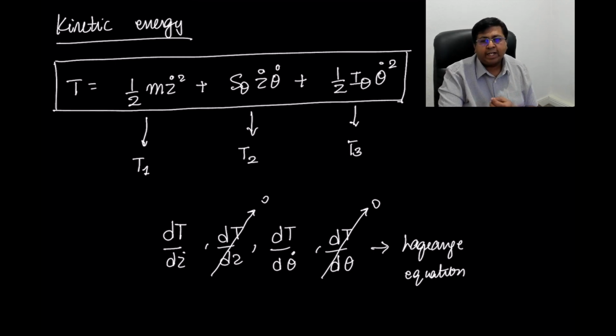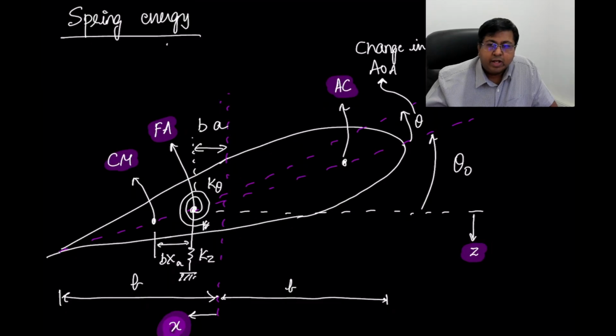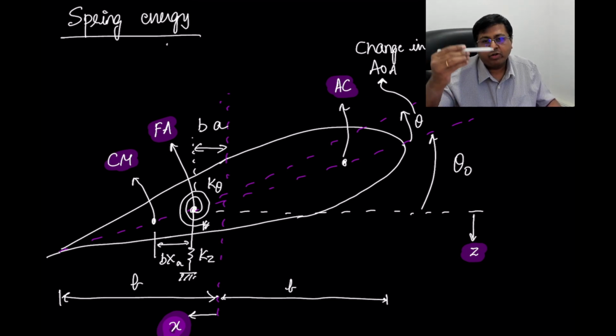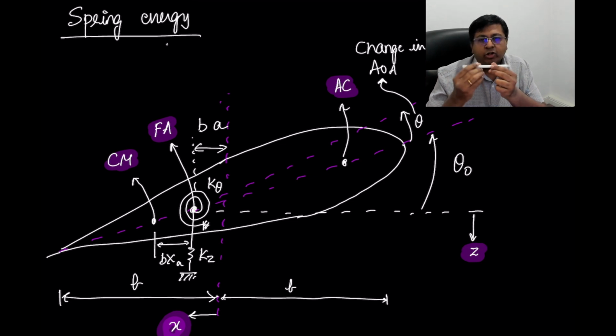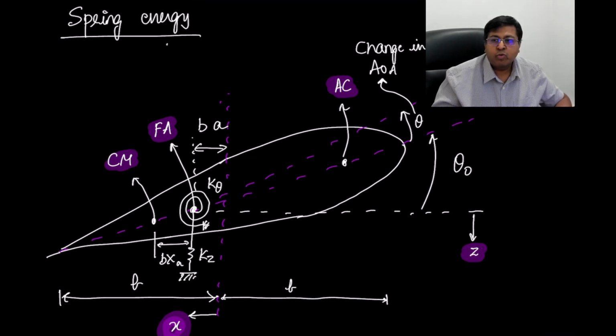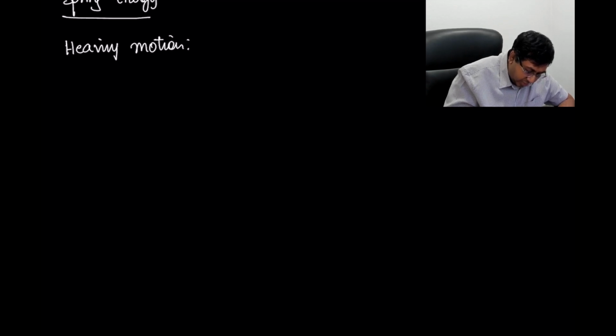The next thing we want to calculate is our spring energy. If you remember our previous picture, we have these springs representing the heaving motion up and down, and this torsional spring representing the pitching motion. So we can write our total spring energy as two contributions. One is the contribution from our heaving motion, which I represent as Uz, equal to half kz into z square.